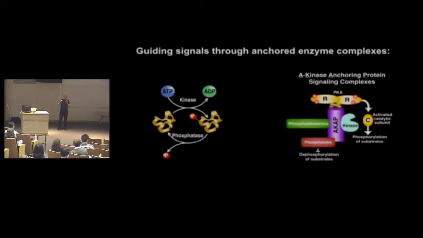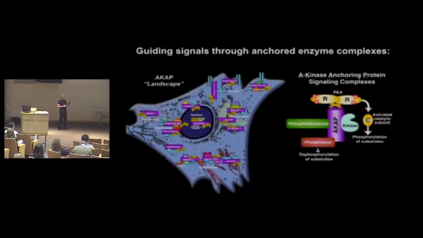So through these modular interactions, and we've already evoked the beautiful work of Tony Pawson, you can create quite sophisticated macromolecular assemblies that can account for the integration, the processing, and the propagation of cellular signals at unique locations within a cell.